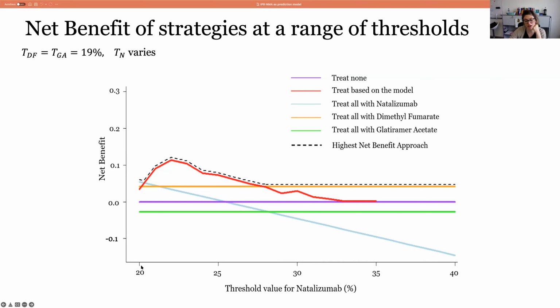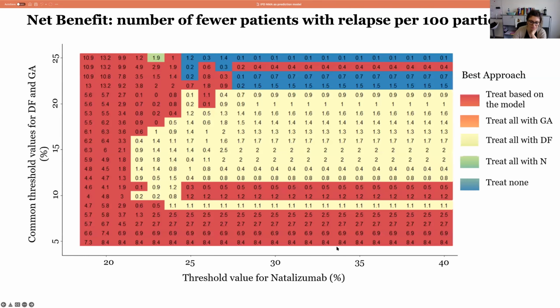You usually do a sensitivity analysis and you look at a range of reasonable threshold values. So it wouldn't be reasonable, say, to assume that one would take natalizumab at less than 10%, or that one will require a 50% drop in relapse rate before taking natalizumab. So given that our model is not superior for the entire range of reasonable threshold values, then we cannot really advocate the adoption of the model in clinical practice.